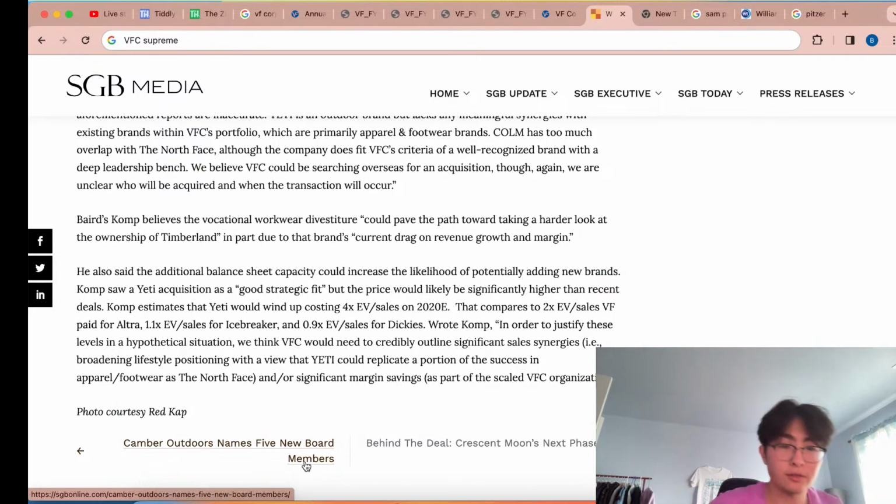But the price would be significantly higher than recent deals, winding up costing 4 times EV to sales on 2020. Compares to 2 times EV to sales VF paid for Altra, 1.1 EV to sales for Icebreaker.